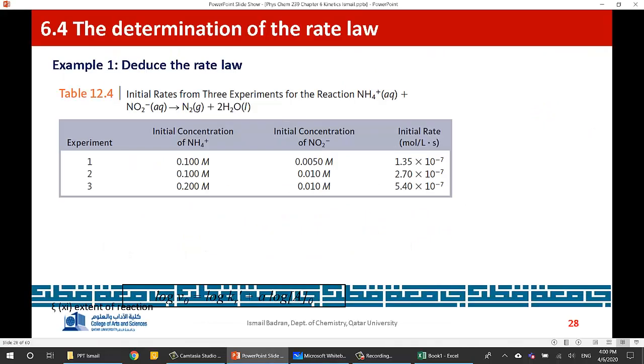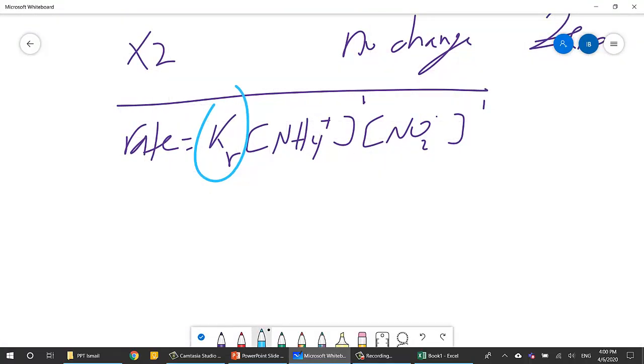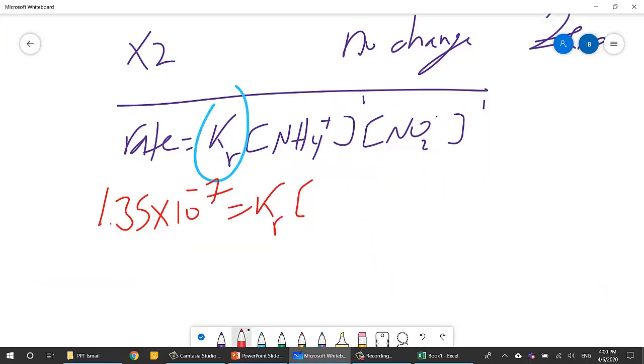You can take any of these experiments, number 1, 2, or 3, any of the rows. You can plug in the initial rate and the concentrations of NH4 plus and NO2 minus to determine the value of Kr. So for example, I'm going to do that for you here. For the first experiment, 1.35 times 10 to the power minus 7 is equal to Kr multiplied by the NH4 plus, which is 0.1 power 1, multiplied by 0.005 power also 1, an equation with one unknown.